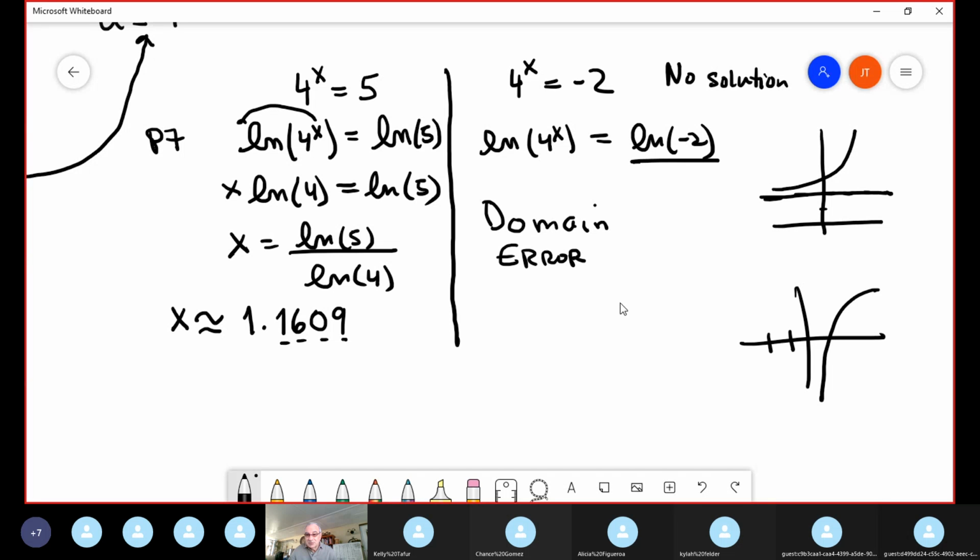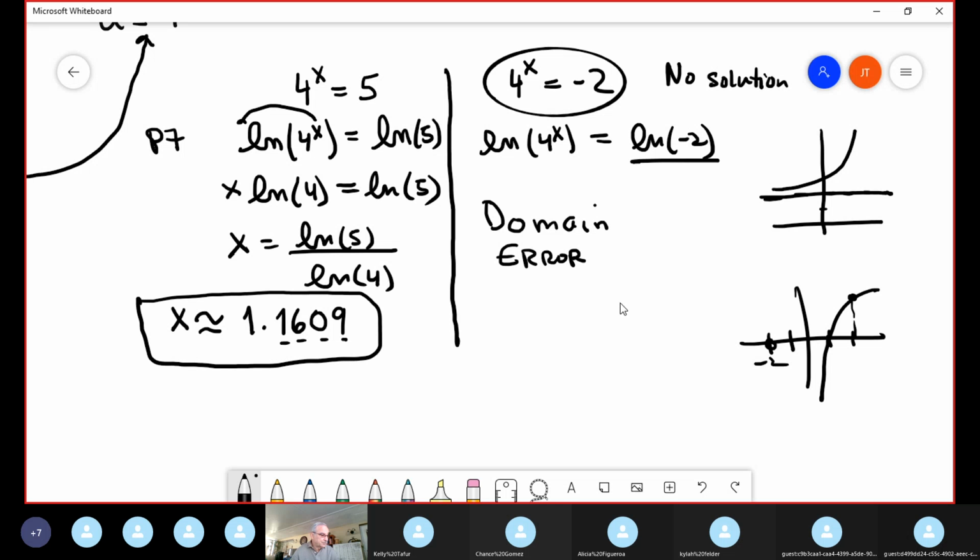I asked you for negative 2. At negative 2 we have no graph. And at positive 2, yes, 1, 2. This value. But negative 2 is completely out of the domain. That means that this equation has no solution. It's a silly equation, right? And the only solution that we have in this problem is this. Any question?